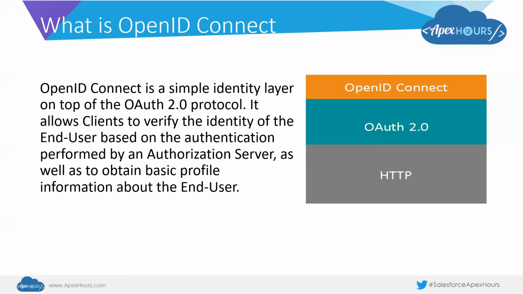Suppose you are using Gmail as an OpenID provider, and you are using your Gmail credentials to authenticate. Then we will have a user info endpoint which will give you the details of the user present in Gmail. So that's the advantage of OpenID.